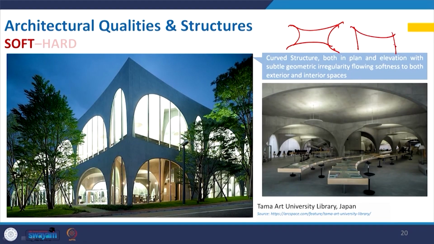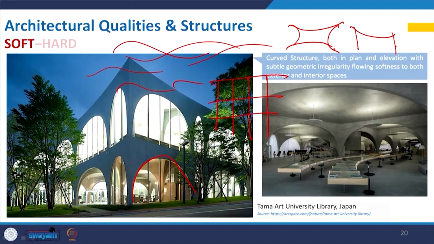So, double curvature creates a softness, because whenever we draw any curved line, it represents softness; it symbolizes the wave, the flow and all. Whenever we go for a straight line, it represents hard in that concept.